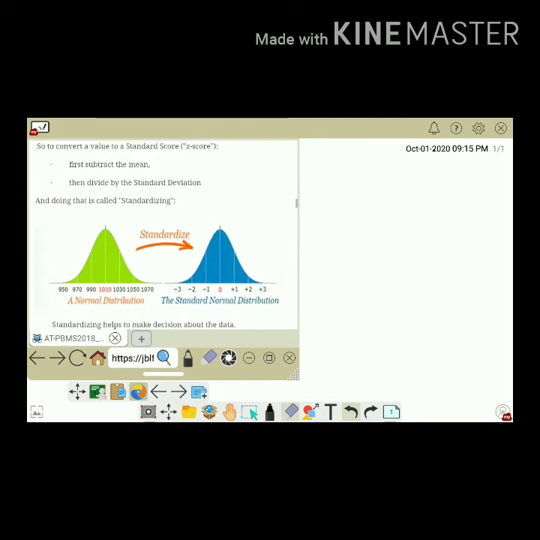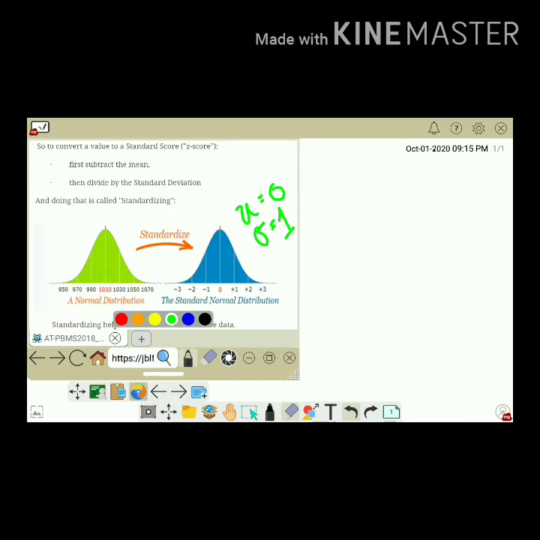So here for your standard normal curve, remember always that the mean is equal to 0 and the standard deviation, represented by sigma, is always equal to 1. That is for your standard normal curve.